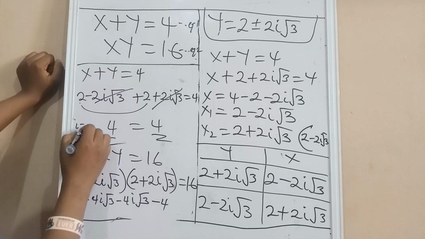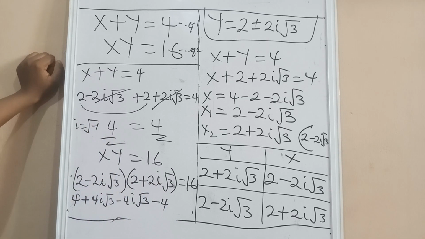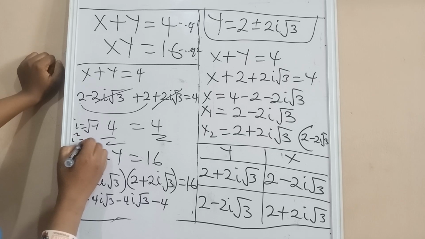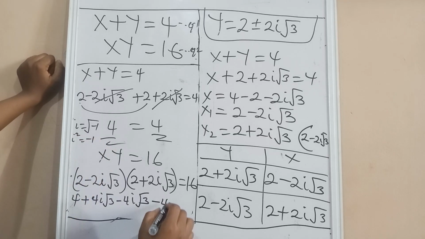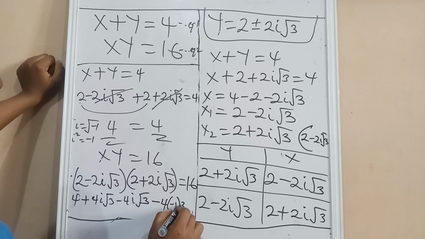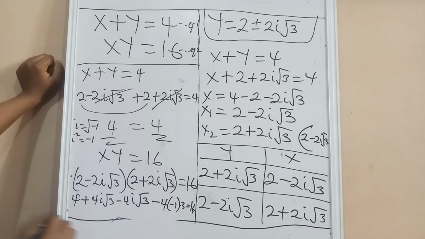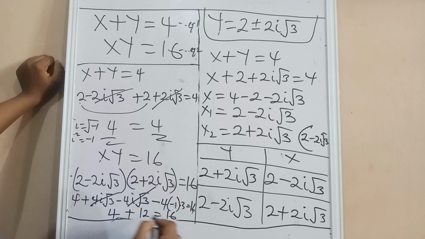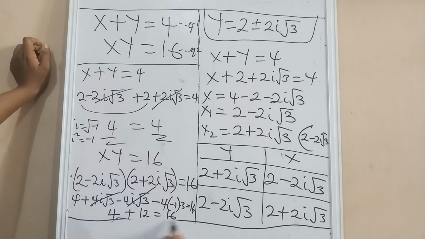The value for i is root minus 1, so when we have i squared, it's going to give us minus 1. Root 3 times root 3 will give us just 3. This is having plus, this is having minus, strikes out. We're left with 4, minus times minus plus, 4 times 3, 12, equals 16. We already know from here, this will give us 16 equals 16.